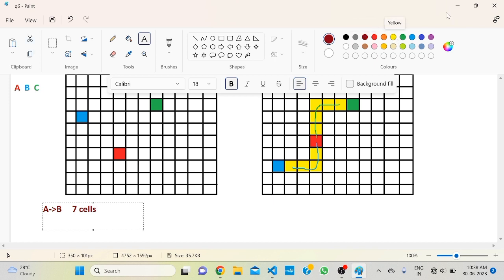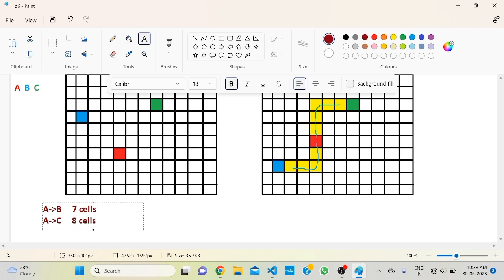Now from A to C, how many cells are there? 1, 2, 3, 4, 5, 6, 7, 8. So from A to C, 8 cells are there.